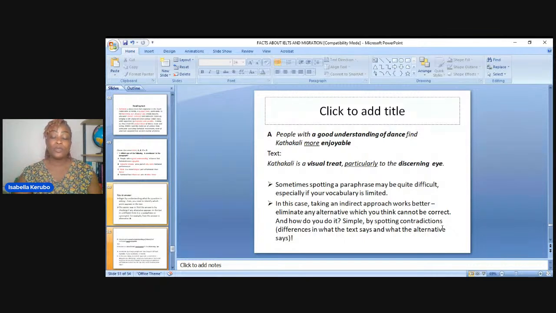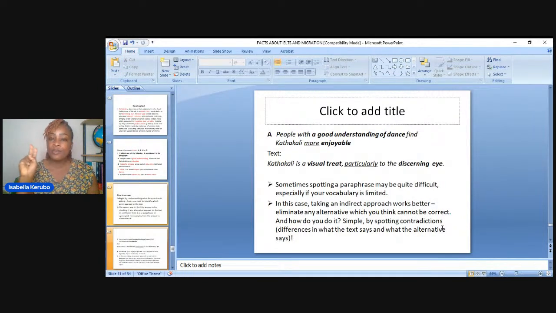Move to the next option and read. If it doesn't agree with what the text says, put an X. For example, if you are given 5 options or alternatives to choose from, put an X on whatever contradicts. If you put an X on 3, already you've eliminated those 3 and you've remained with 2.